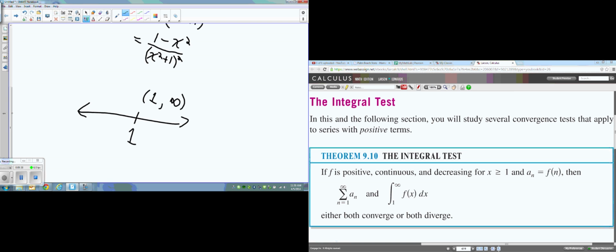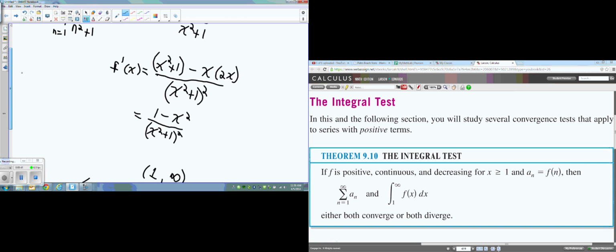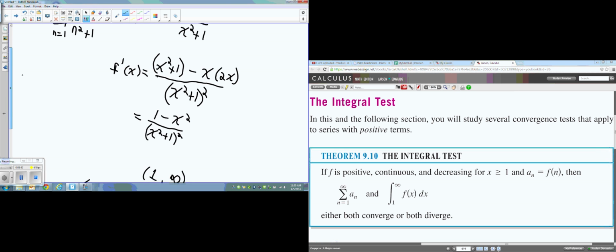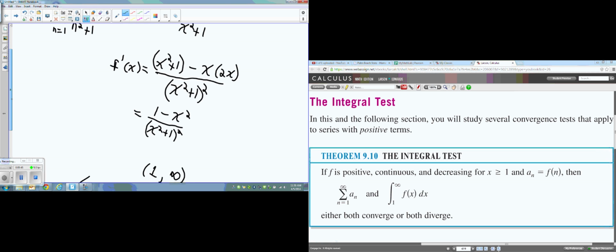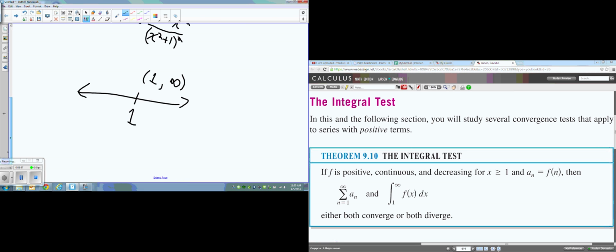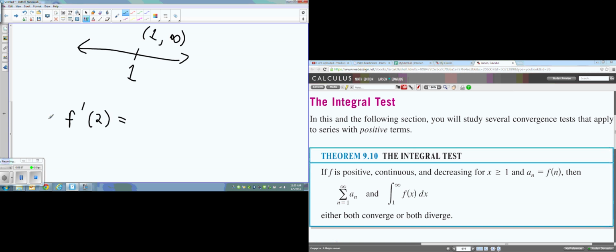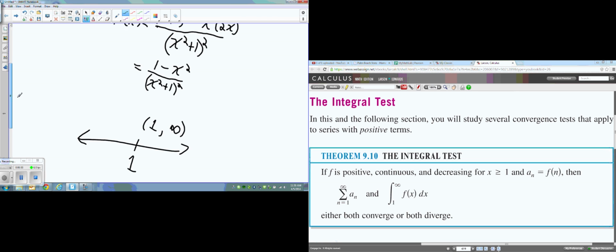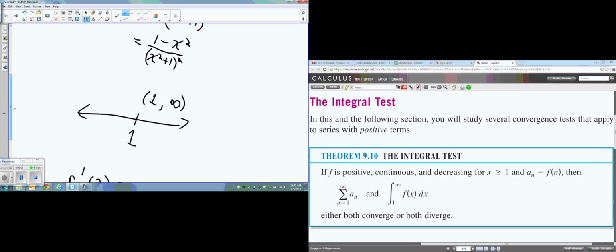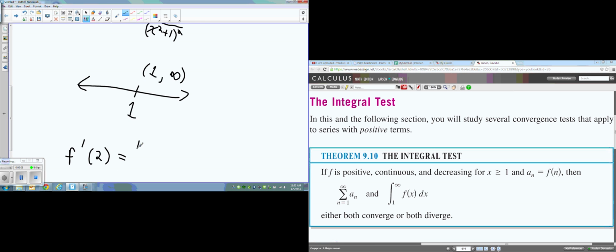Right, so what we're going to do is test a point on that interval into the first derivative here to see whether the function is increasing or decreasing. So I'm going to plug in the number 2. So I'm going to find f prime of 2. And f prime of 2 is going to be 1 minus 2 squared over 2 squared plus 1, squared.